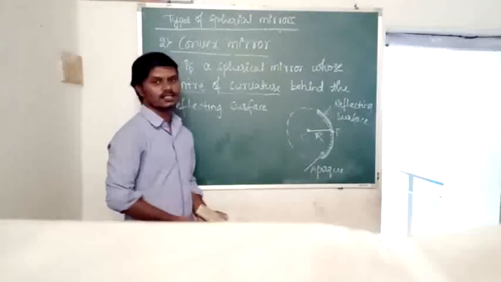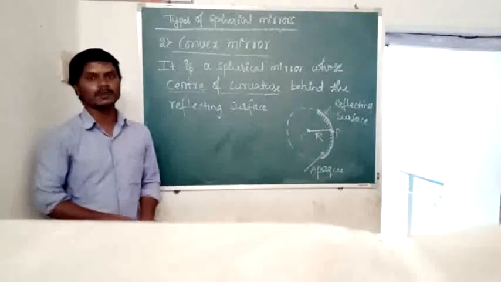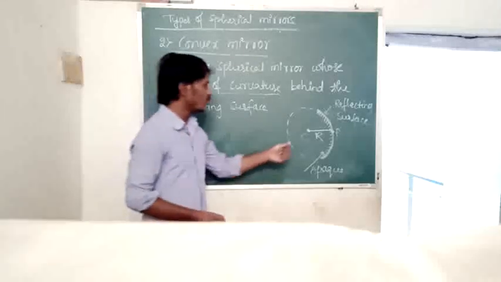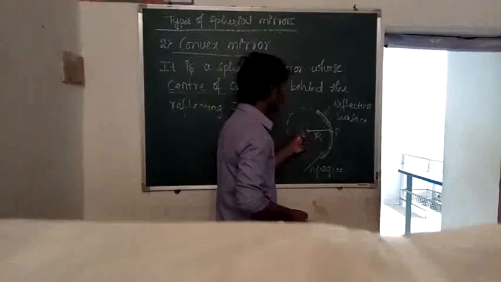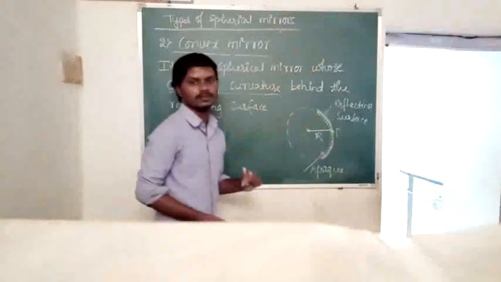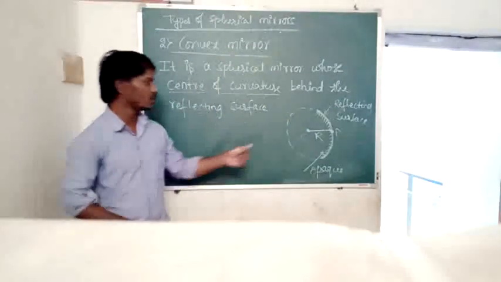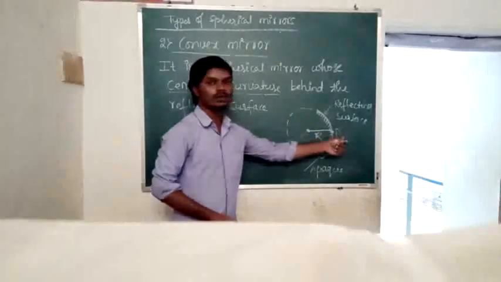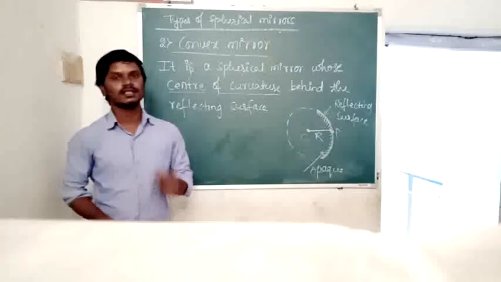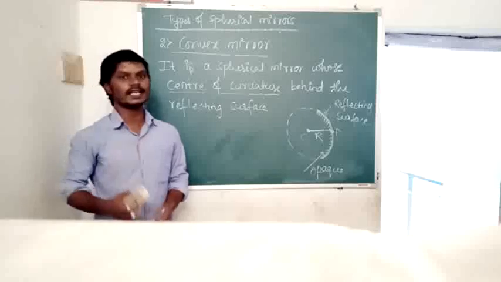Next we are going to discuss the principal axis. What is the principal axis? It is the line passing through the center of curvature and the pole of the spherical mirror. That is called the principal axis.